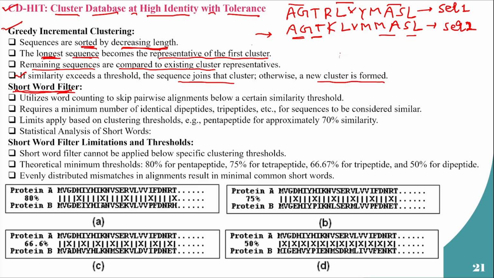There are actually some statistics regarding these calculations. Let's say two sequences, 100 amino acid stretches, have 80% identity.